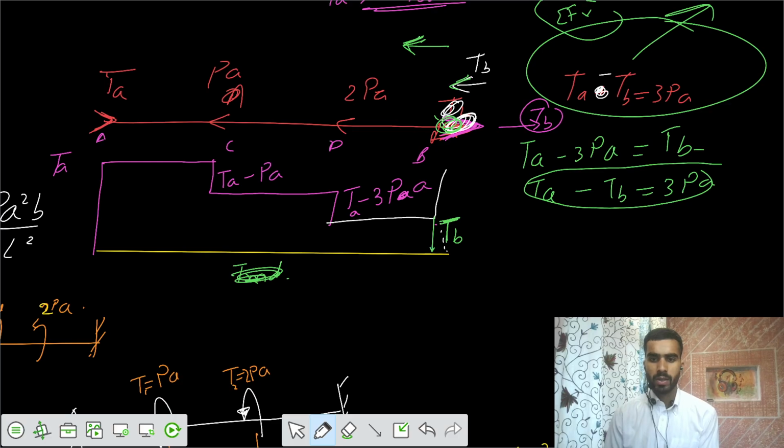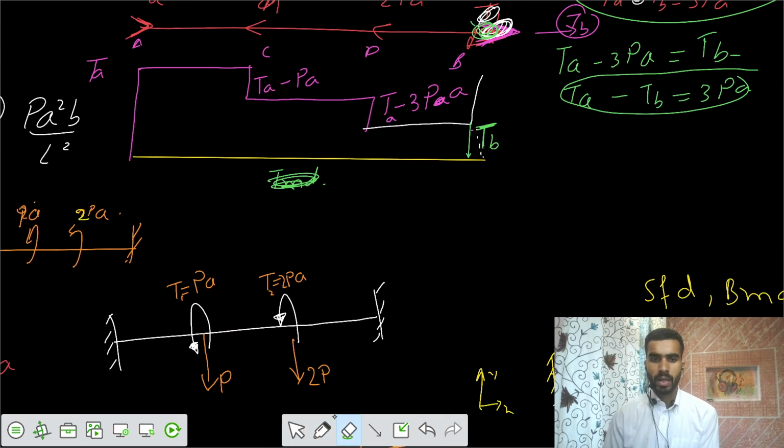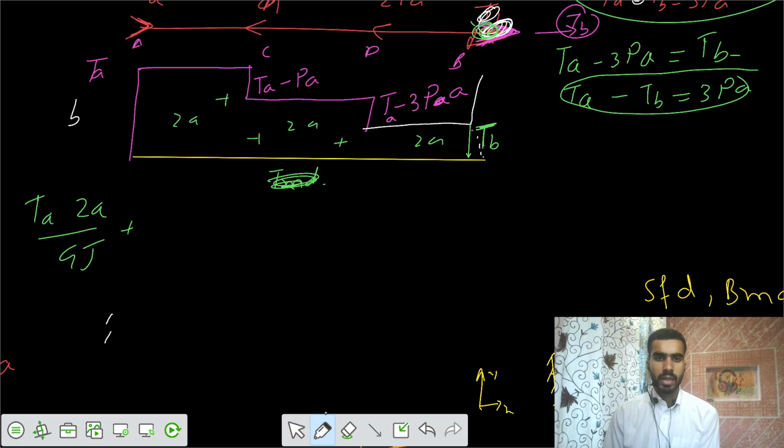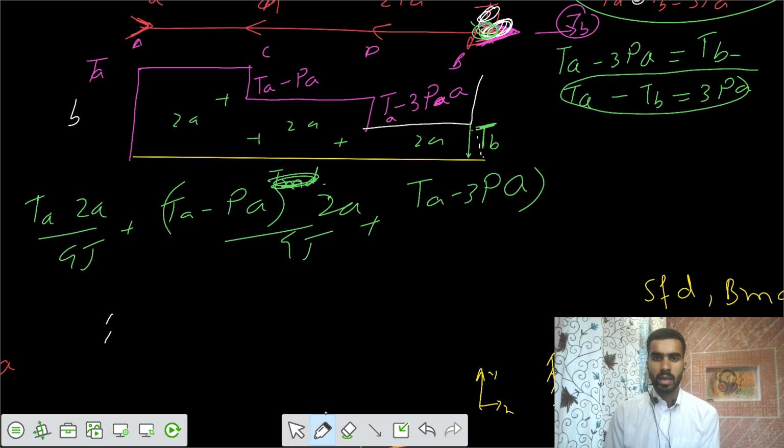You can solve for this one. Now, if I solve in this way, we have the lengths of 2A, 2A, 2A, and your TMD is positive. I would write for theta 1: TA L by GJ plus TA minus PA L by GJ plus, the third one, TA minus 3PA times 2A by GJ, and that goes to 0.